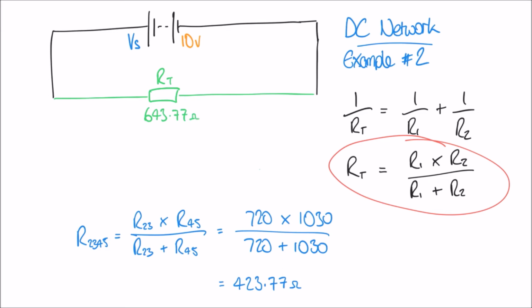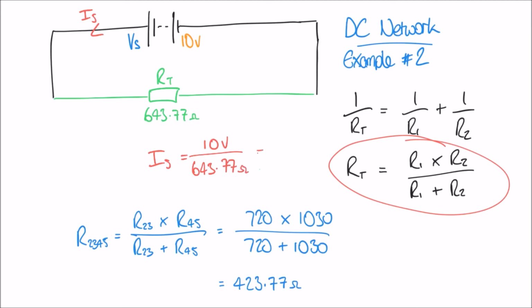Finally, what I can do is work out the supply current in this instance. So the current that emerges from our battery and goes around the whole circuit, this is the supply current, and we can use Ohm's law to work that out. We can say that IS is voltage divided by resistance, and in this case the voltage is 10 volts, divided by a resistance of 643.77 ohms.